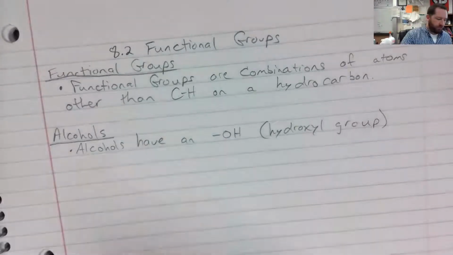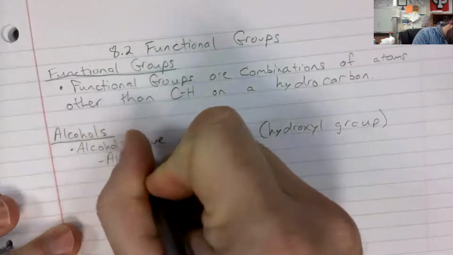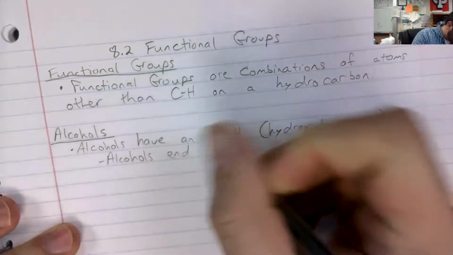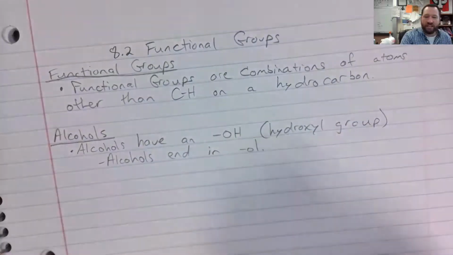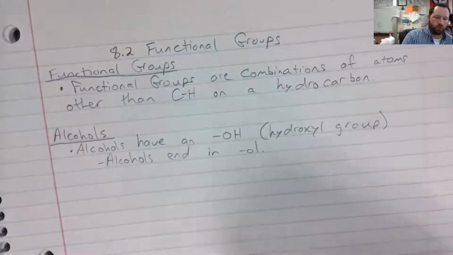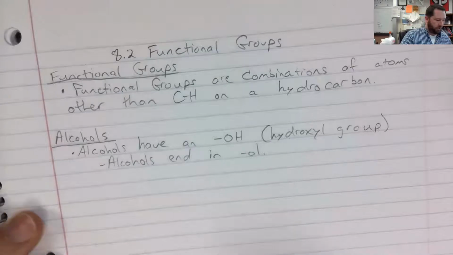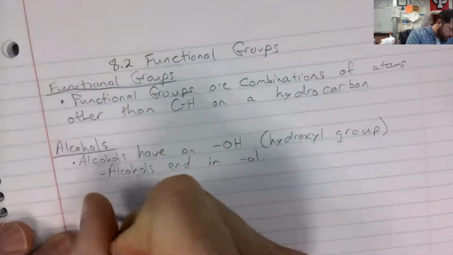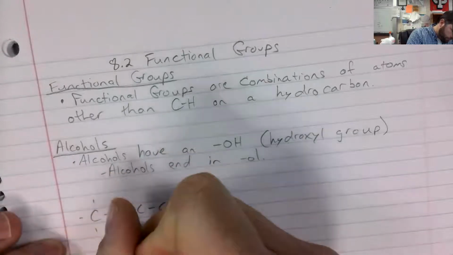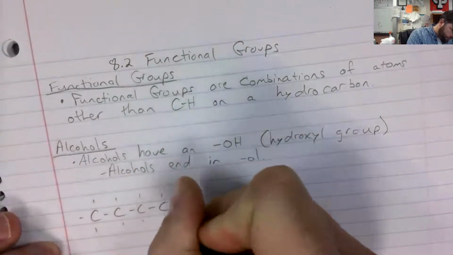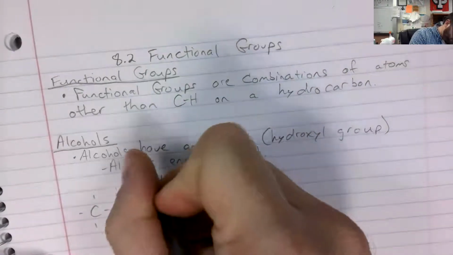So whenever you're looking at that OH, you've got yourself an alcohol. Alcohols end in OL. So when you're coming up with a name for them, you end your term with OL for an alcohol. Take a look at a couple of examples here. All right, so there's your alcohol. The rest of these will fill up with hydrogens.